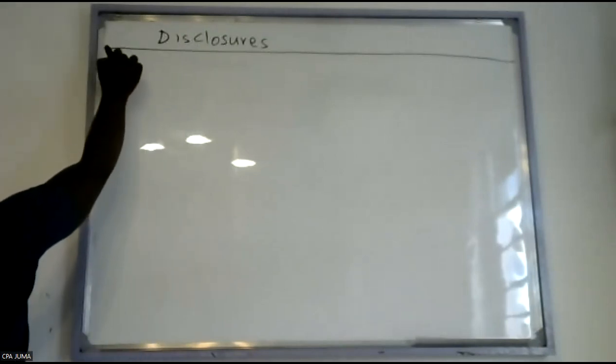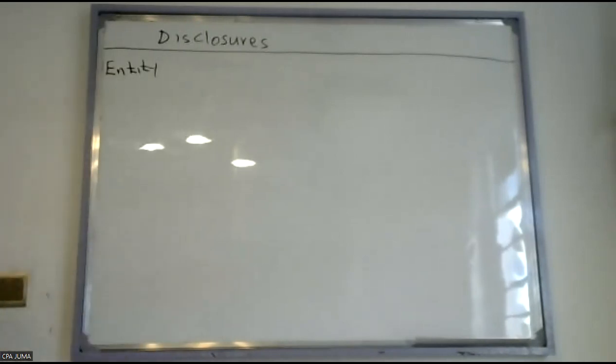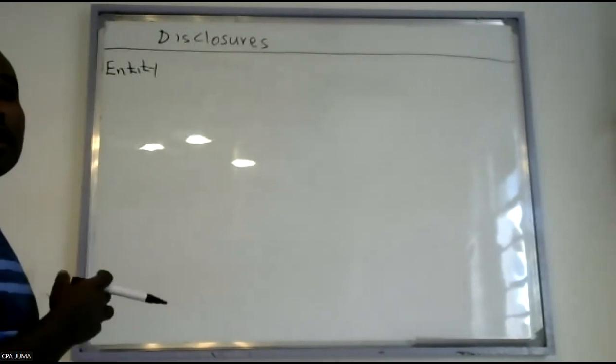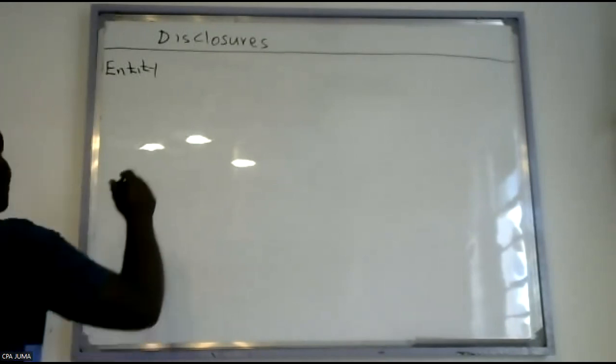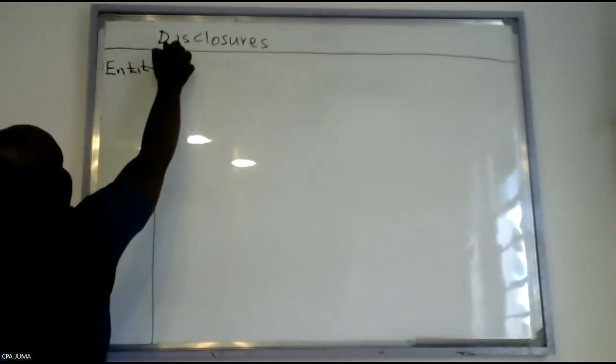Entity. There is no standardized or structured way of answering it. You can do it whichever way, but for uniformity, let's adopt this one here. So you can say here entity. You can write here related party.